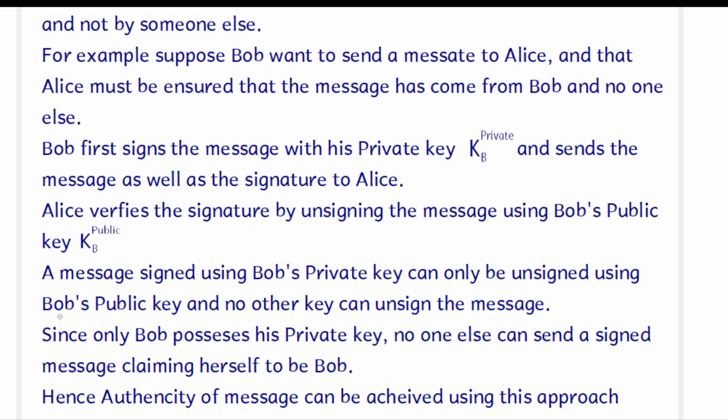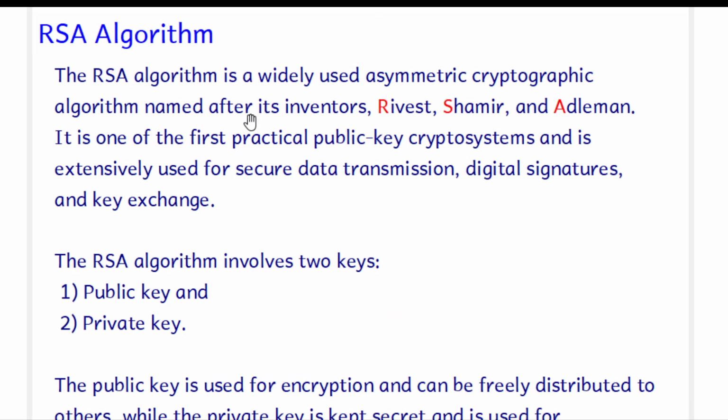Alice has Bob's public key, so she can verify the signature. This is how we achieve authenticity. Eve cannot send a message on behalf of Bob and sign it, because Eve does not have Bob's private key. So a digital signature can be added and it can be verified.